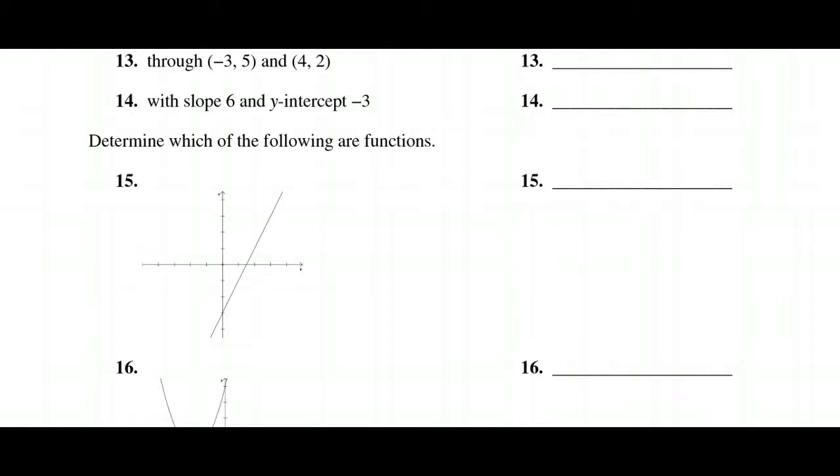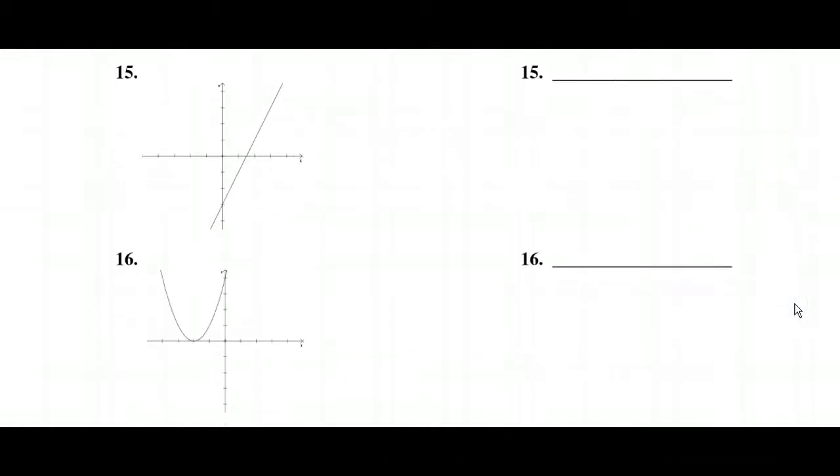Now, for these, we are asked, are they functions? Let's raise it up just a little bit more. And again, what strategy would we use here? Well, you may recall we said there is something called a vertical line test.